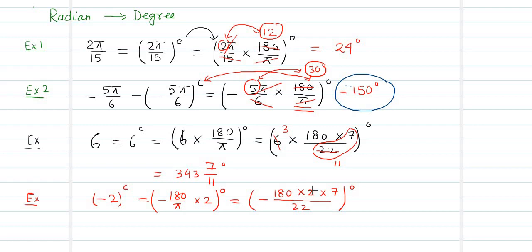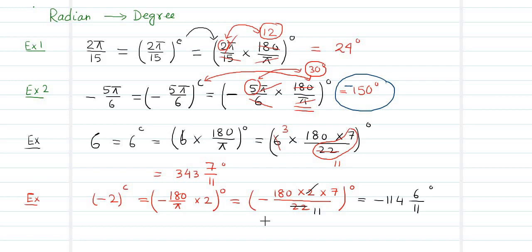Then cancel by 2 and 22 gives us 11. After simplification, we will find 114 whole 6 by 11 degree. So this is the way we can convert an angle given in radian measure to an angle in degree.